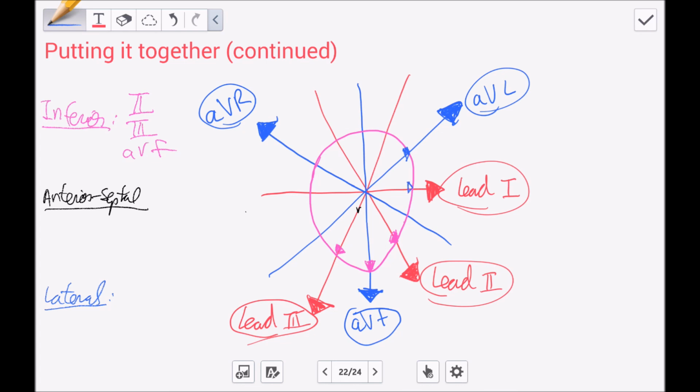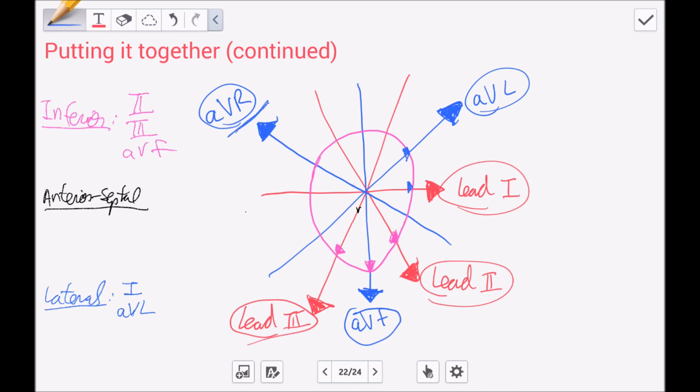And lead 1 also looks at the lateral side of the heart. So lateral leads, we have lead 1 and AVL, right? AVR here, it doesn't do anything. So that's one of the leads that we can completely ignore. And because it's negative, it doesn't want to be the same as the others, then we can just ignore it.